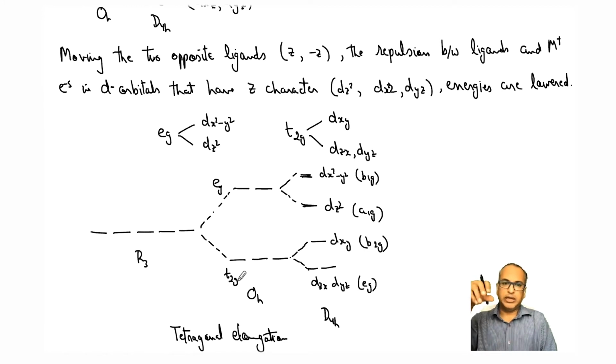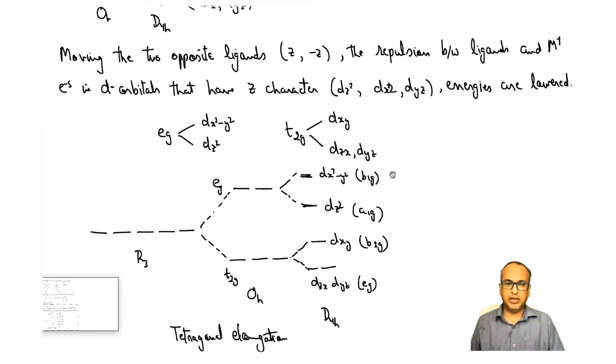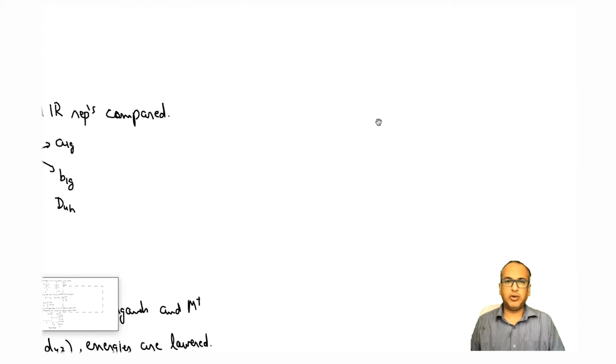So due to that decreased repulsion, the Z orbitals are actually decreased in energy. So reverse will happen if there is a tetragonal compression. So now if you're trying to compress the two ligands along z-axis or along the opposite axis, the reverse will happen. So let us try to see how the MO diagram of that would look like.